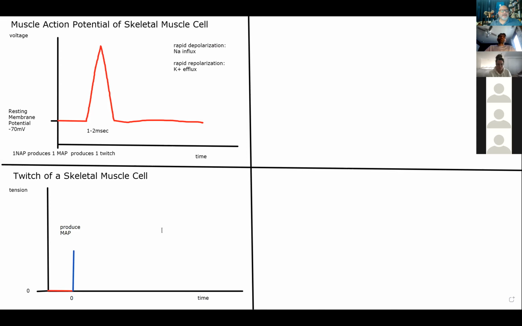And that twitch has how many stages, how many phases to it? 3. Excellent. What is the first stage called? Latent period.